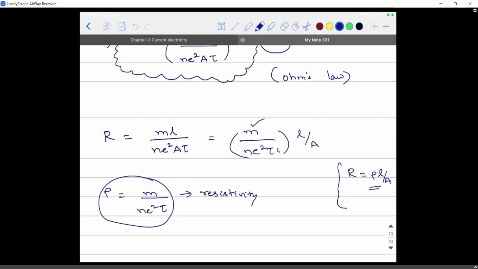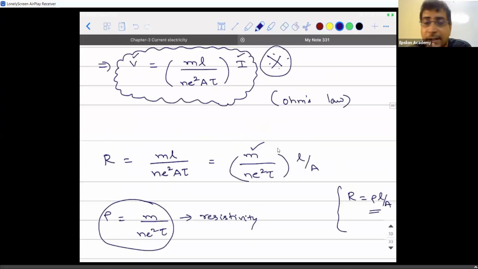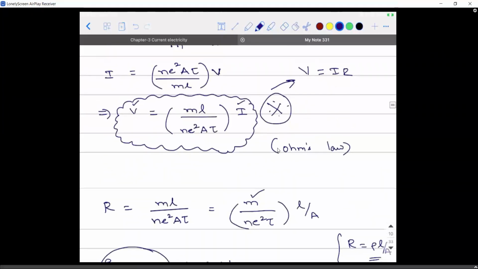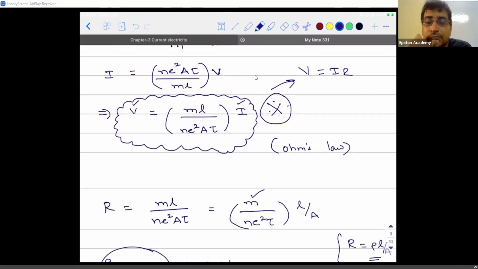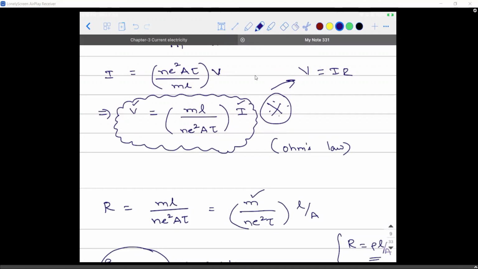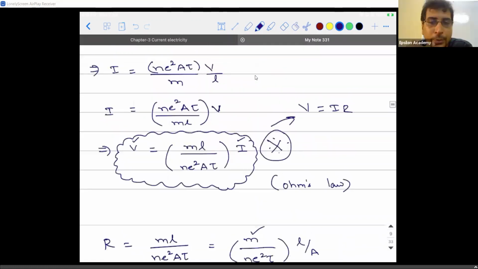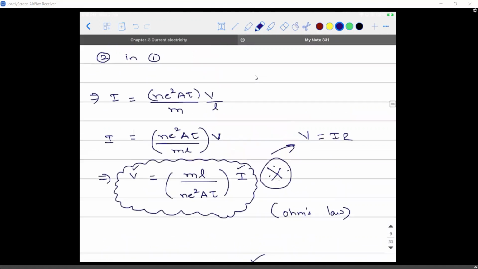Sir, can you scroll up once? Till which line? R is resistance. Yes, sir, thank you. Is this enough, or do you want me to go up? A bit more up, sir. Little bit up. Yes, sir.